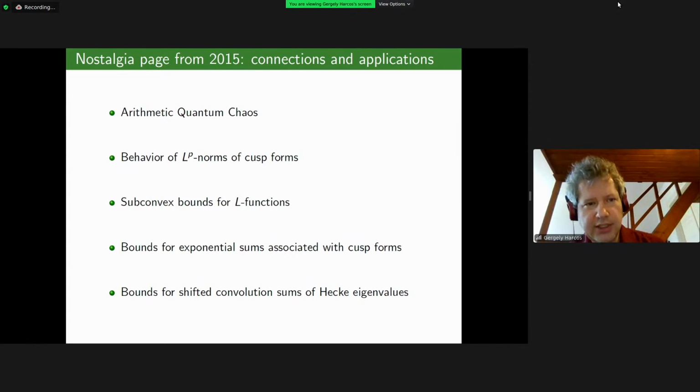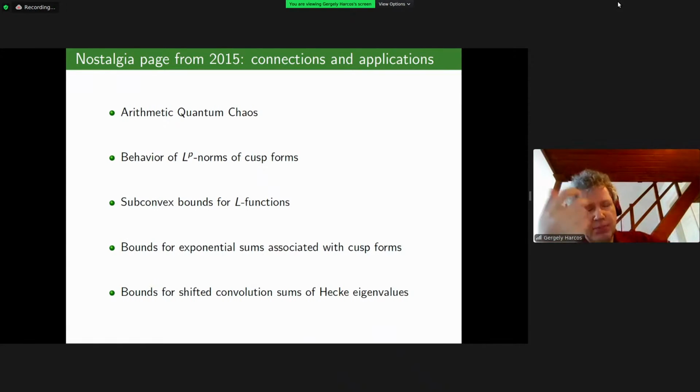So why are we interested? There are a couple of connections. For example, in arithmetic quantum chaos, we are interested in the L2 equidistribution of eigenforms.